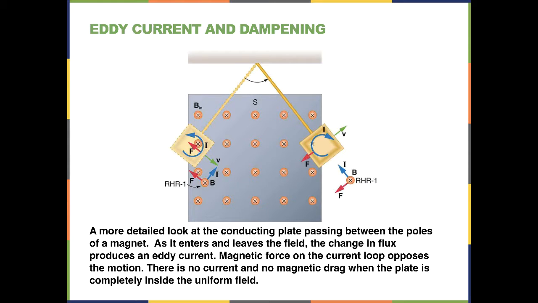When it reaches the right side and begins swinging back to the left, the current reverses itself, and again the force opposes the motion. So in both cases, as it swings back and forth, the induced force by the motional EMF causes a drag on this motion, and the pendulum swinging decreases quickly.